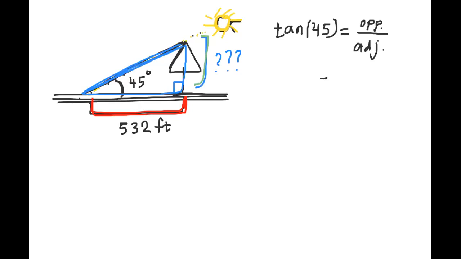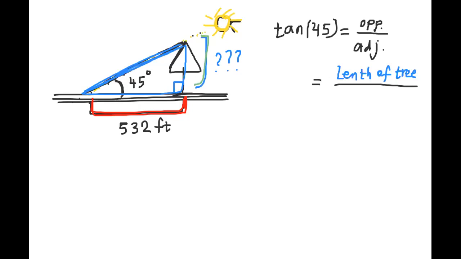So the opposite is unknown. It doesn't have a value. It's the length of the tree. This is the length of the tree. Okay, over the adjacent, the value for the angle is given.